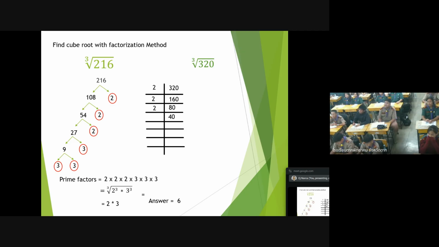Divide by 2. Divide by 2. And then, divide by what? 5. Because 5 is also a prime. So we have 1. Okay, so let's count. 1, 2, 3, 4, 5, 6.